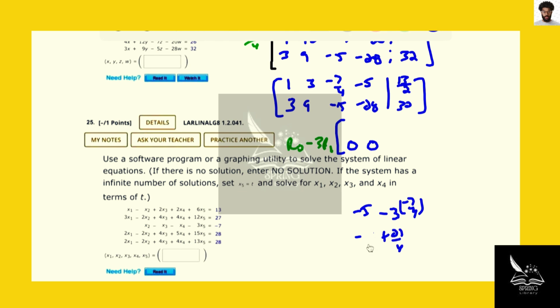Or in fourths, it'd be -20/4, so that'd be 1/4. Okay, and then we would have -28 minus 3 times -5, or -28 plus 15, and -28 plus 15 is -13.